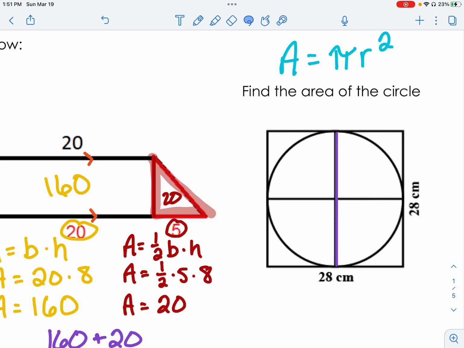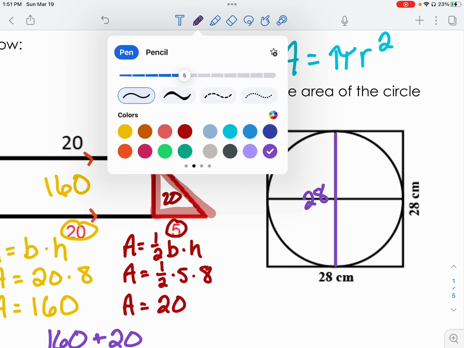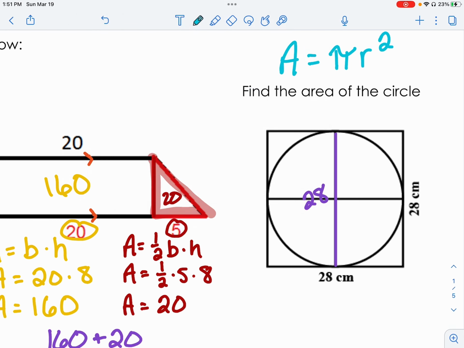So we know that the diameter is also 28. But for our area formula, we need the radius. Well, radius is just half of your diameter. So this little guy here would be 14.